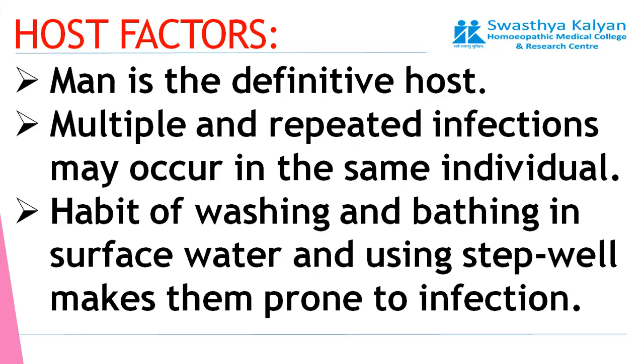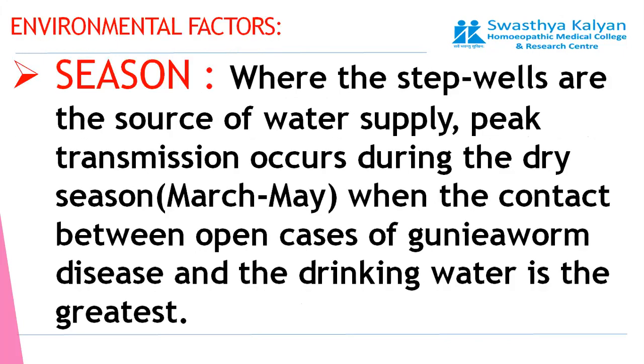Here, what happens? It will multiply, and repeated infection may occur in the same individual. So, where does it spread from? We have discussed that a common water source is responsible for this. Now, environmental factors also influence the spread of this disease.